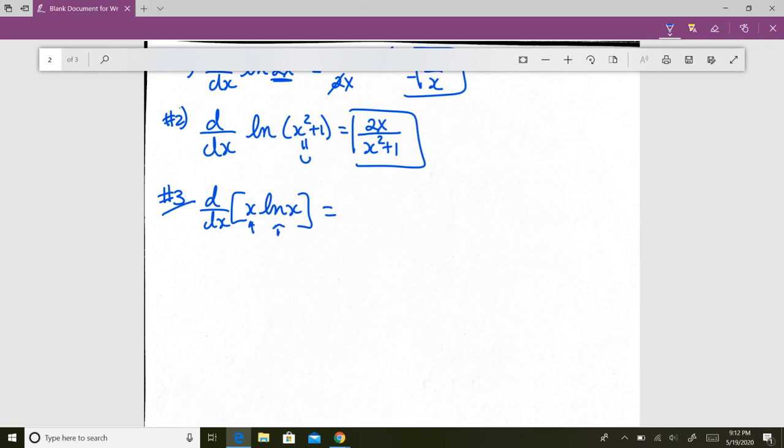Okay, so product rule, if you don't remember, look it up. What's the derivative of x? Is 1 times the second function, plus the derivative of the second function, which is 1 over x, times the first function, which is x. So this just becomes natural log of x plus, these x's cancel, and I get 1. Natural log of x plus 1.